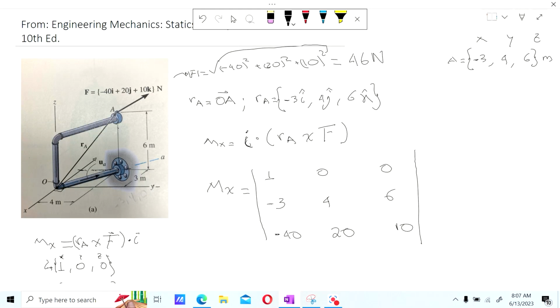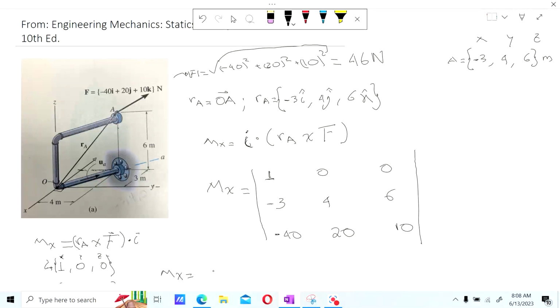So I dot R cross F, I dot R is this line, cross F. This is how you set it up. And the solution for this, we already know how to do.